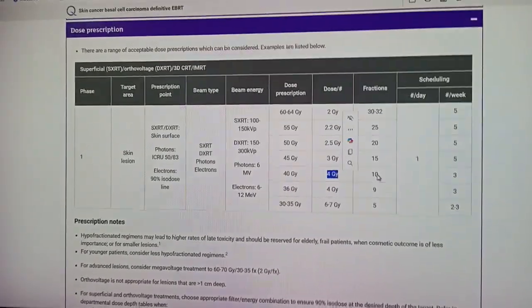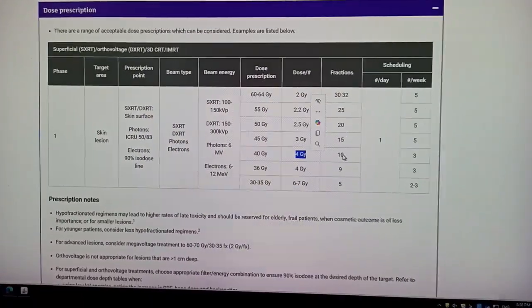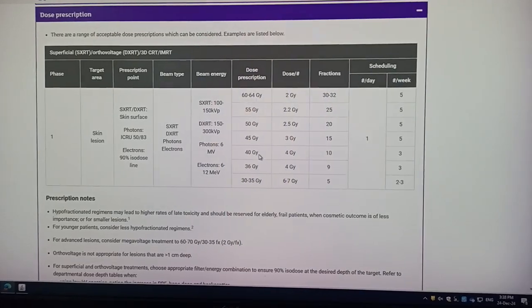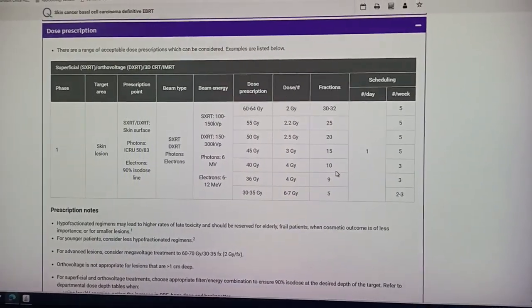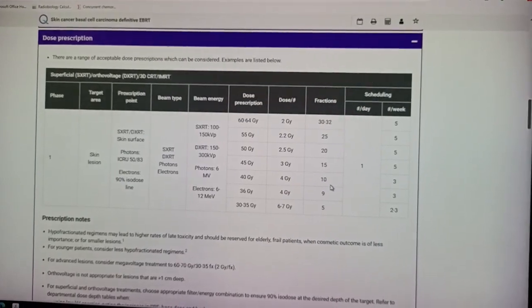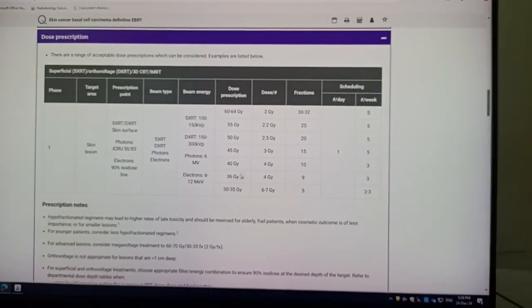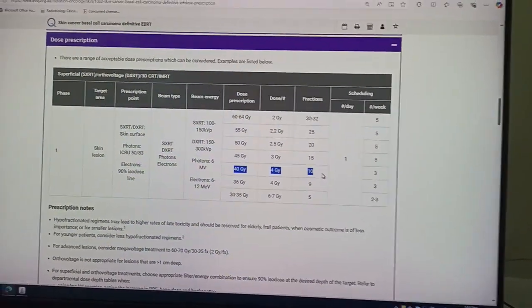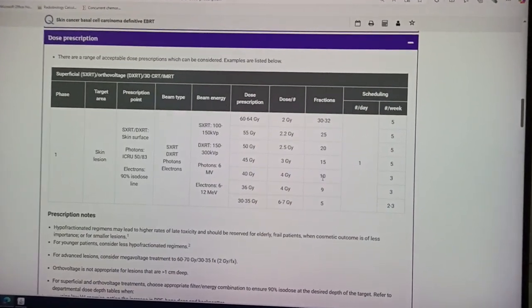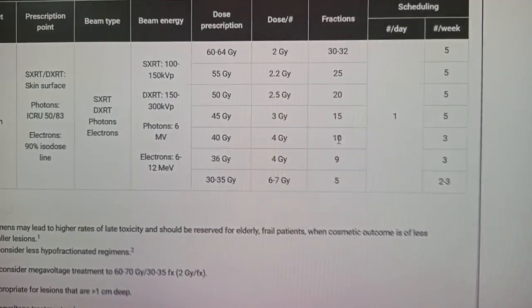So this is the guideline from EVIQ. The patient will receive 40 gray in 10 fractions in our patient. This is the hypofractionation in basal cell carcinoma, and this responds very well in our patient.